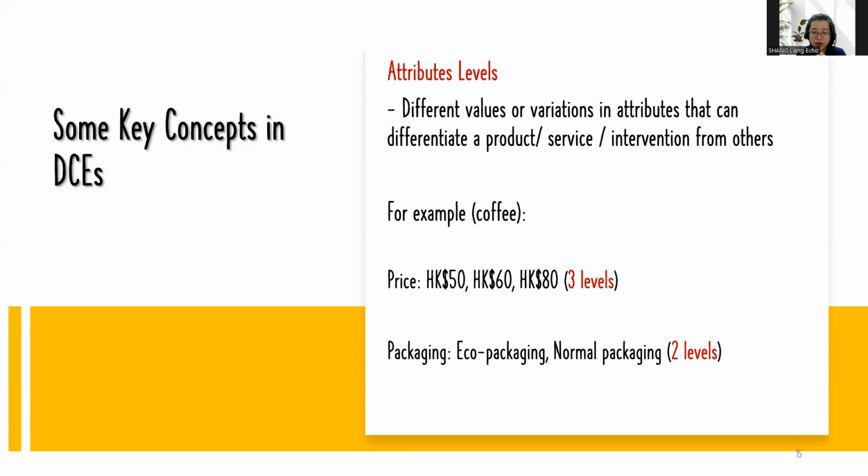Price is a very important attribute that we use to describe coffee products, but under this attribute, we can have many different levels. For example, we can have 3 levels: 50 Hong Kong dollars, 60 Hong Kong dollars, and 80 Hong Kong dollars. Packaging is also a very important consideration to a lot of consumers, and under this attribute, we can have 2 different levels: eco packaging, or just normal packaging.